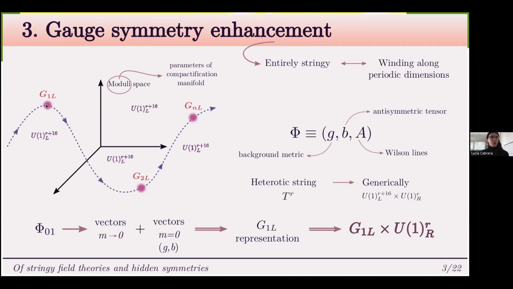Together with the already present massless vectors of the theory, they will arrange themselves into some representation of a bigger group, G1_L. And so we will have symmetry enhancement to G1_L times U(1)_R^R. As we move away from this enhancement point, we will have a sort of Higgs mechanism, and the symmetry group will break, and we will have again the generic group.